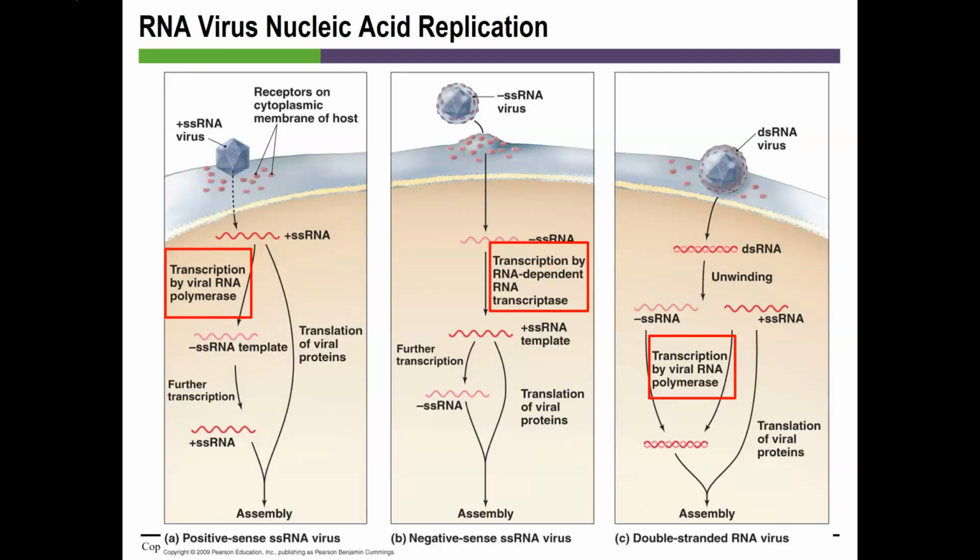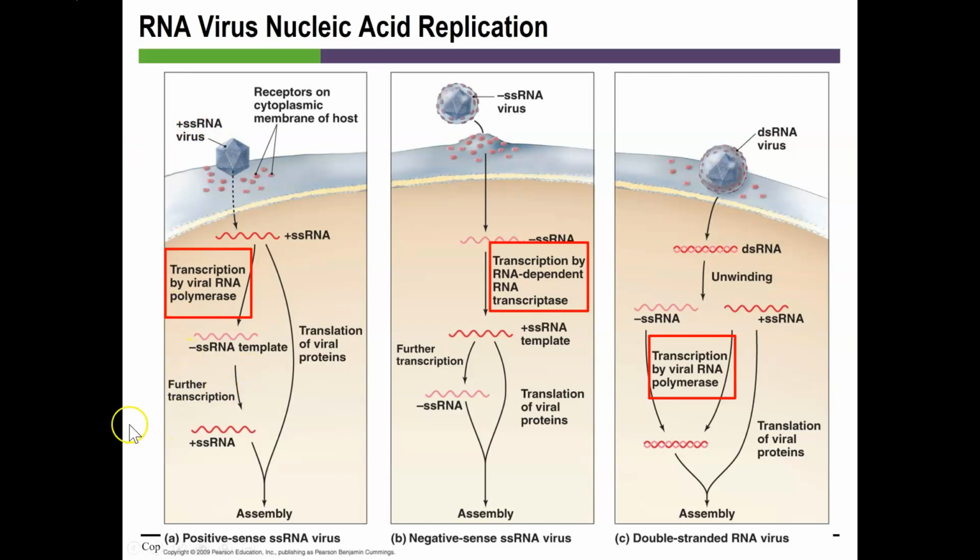This figure from your book is describing that replication cycle between the different viruses. Let's break this down. If you look here in this first panel, you have a positive sense single-stranded RNA. Then that RNA genome is a messenger RNA.